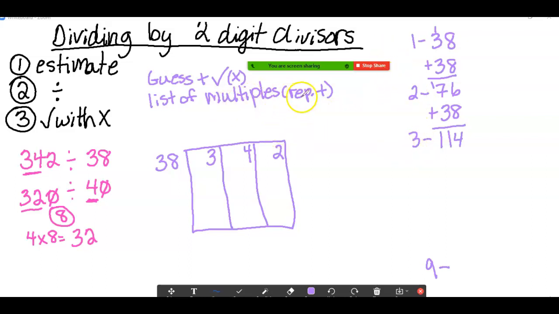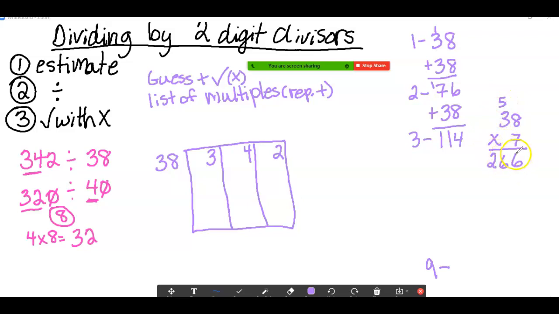So I can do that. That's my repeated addition. Or I can use guess and check. So I can just look at whatever my number turns out to be over here and say, you know what? I think that maybe there are 7 groups. And if that's the case, then I would do 38 times 7 off to the side. 7 times 8, 56. 7 times 3, 21, plus 5 is 26.